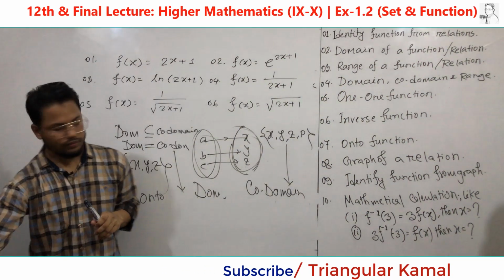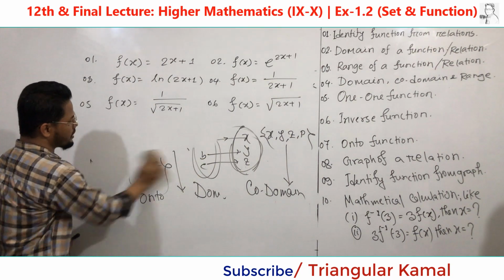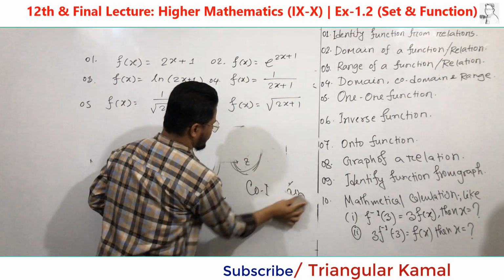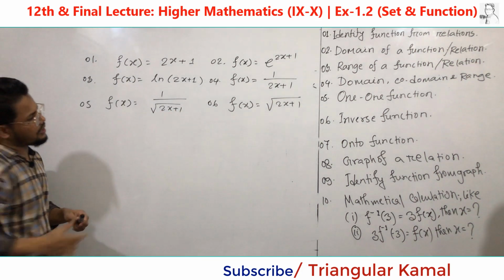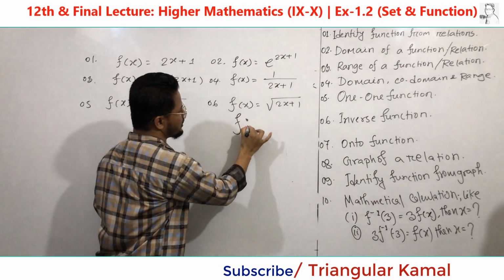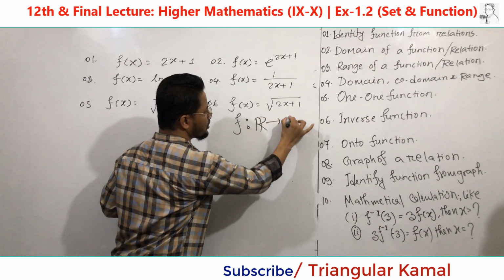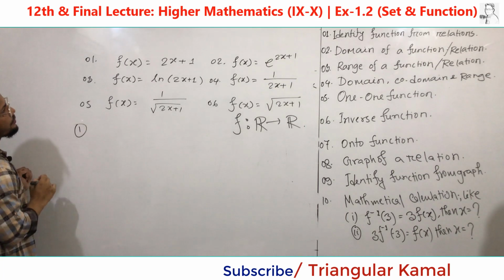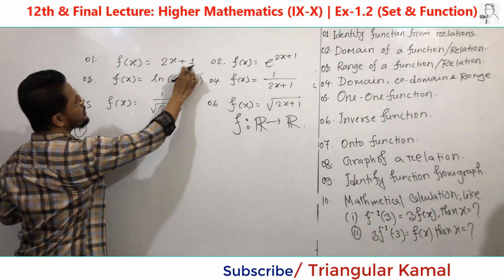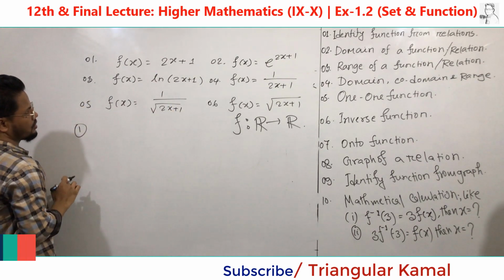So now let's review our example number 6. We will review all questions, with f defined from real number to real number. Number 1, domain. We see here this is a polynomial expression.